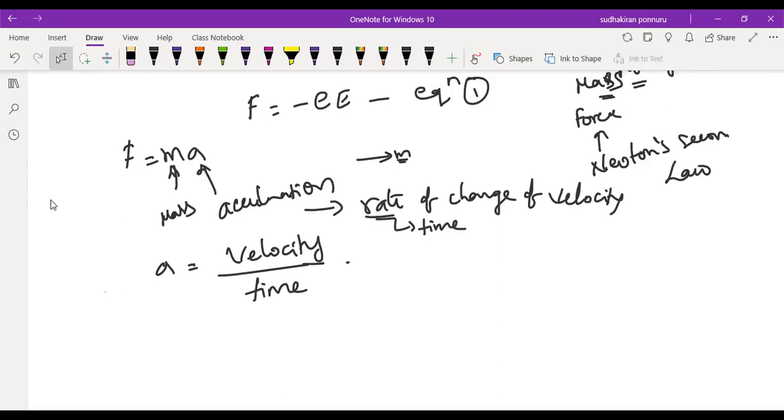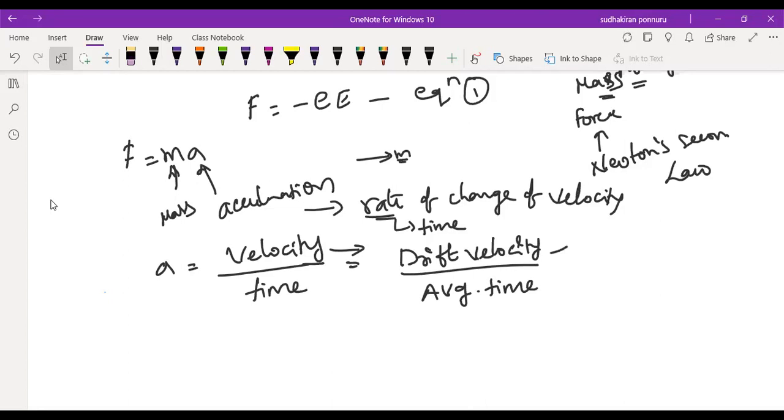So a is equal to, but instead of the velocity we write the drift velocity, and instead of the time we take the average time. Why we write drift velocity and why we take average time is the important concept we have to understand.